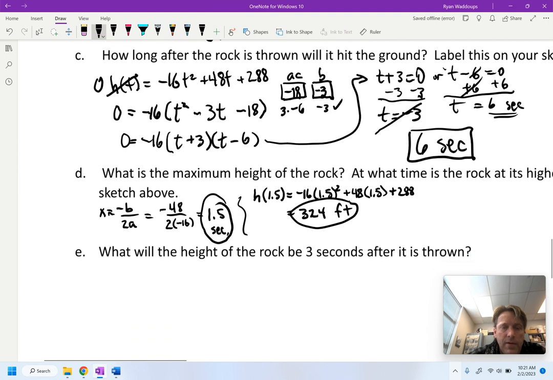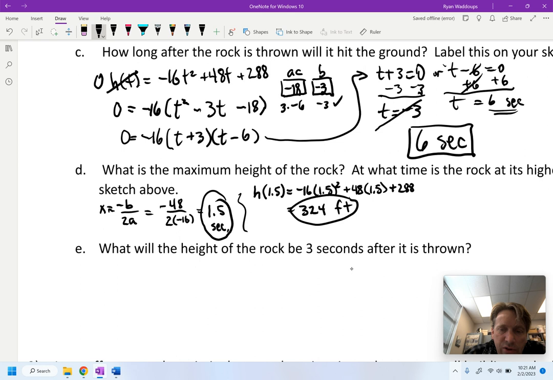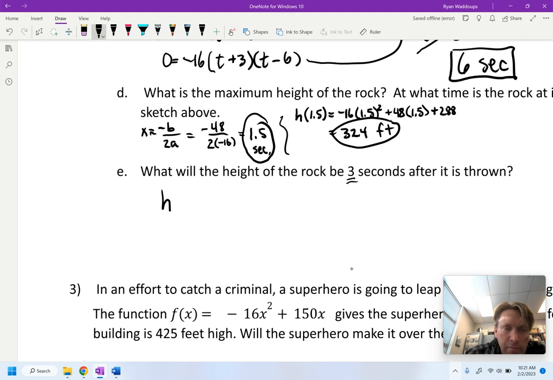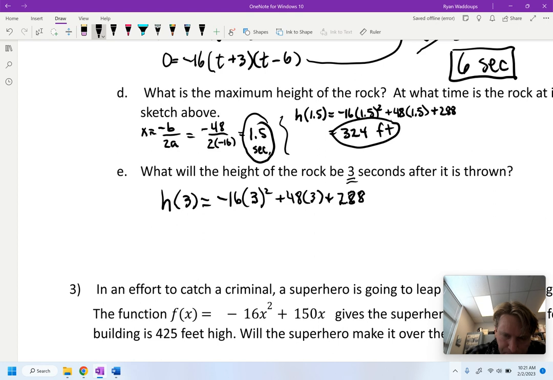All right. What will the height of the rock be 3 seconds after it is thrown? We can find the height of the rock at any time after it's thrown by plugging it into the formula. So we'll just say the height at 3 seconds is equal to negative 16 times 3 squared plus 48 times 3 plus 288.